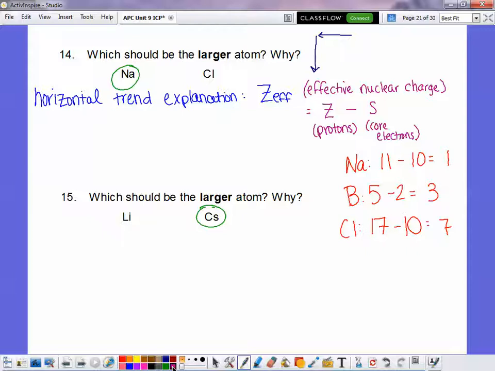So chlorine, since it has a much higher effective nuclear charge, is going to pull on the valence electrons much more. Those valence electrons are going to feel a much greater pull from the nucleus. Whereas in sodium, the valence electrons are not going to feel as much pull from the nucleus because the nucleus only has an effective strength of 1 versus the effective strength of 7 for chlorine.